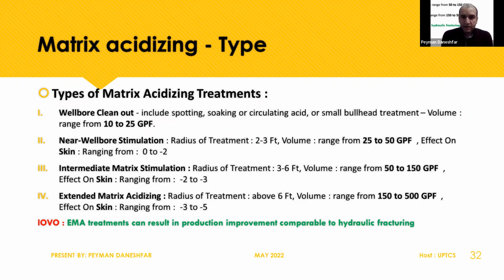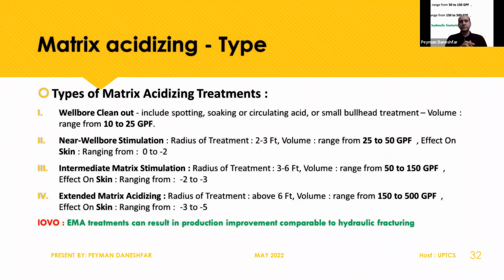Guys, if you categorize matrix acidizing into four types, WCO, like acid wash or soaking agitation, is not so different. But for MWS, or near wellbore stimulation, you create a 2 or 3 foot radius of damage zone, and the acid volume is about 25 to 50 GPF, or gallons per foot.